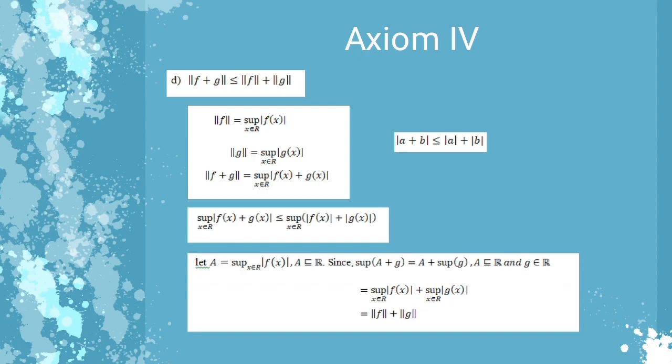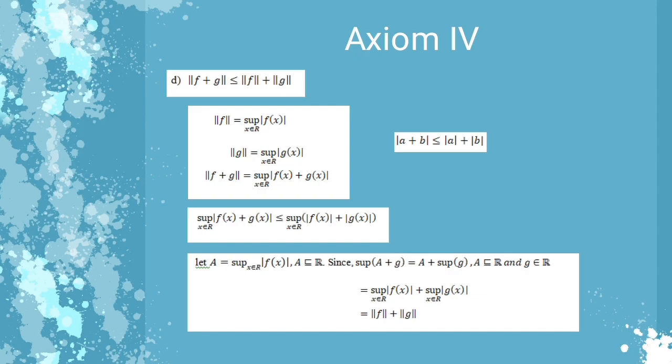And then we let a be equal to the supremum of the absolute value of f(x), where a is a subset of R, and since the supremum of a plus g is equal to a plus the supremum of g, where a is a subset of R and g is an element of R, we get the supremum of the absolute value of f(x) plus the supremum of the absolute value of g(x).